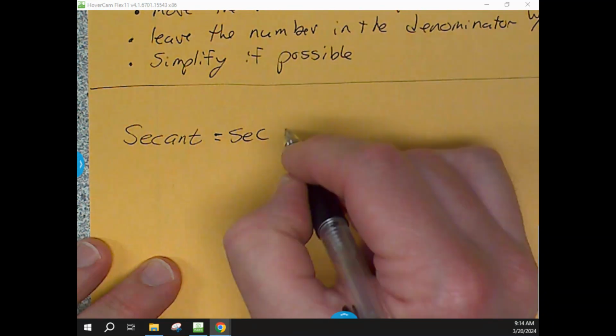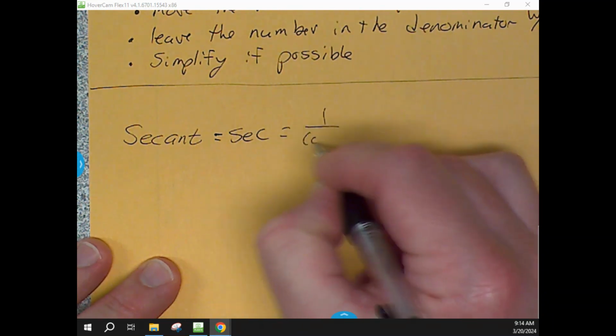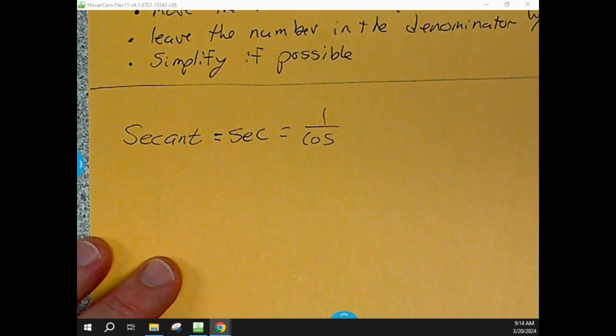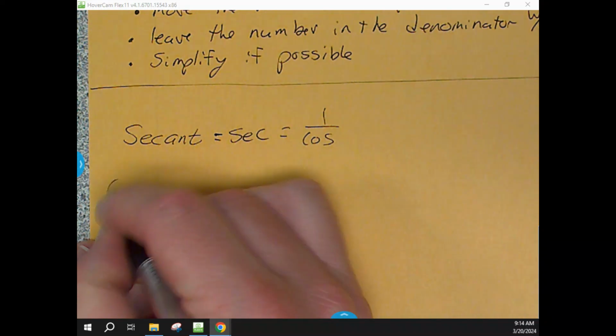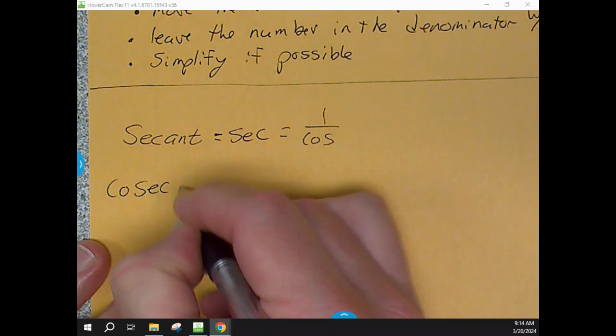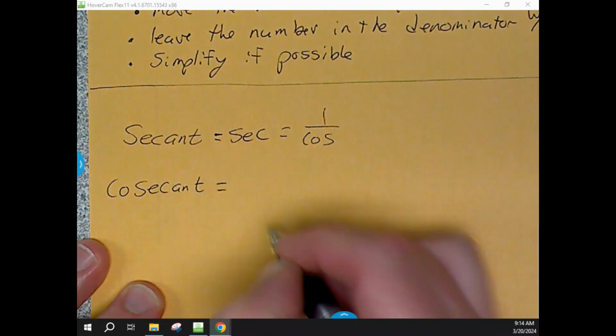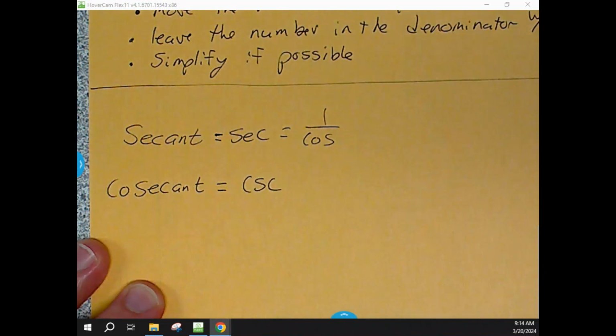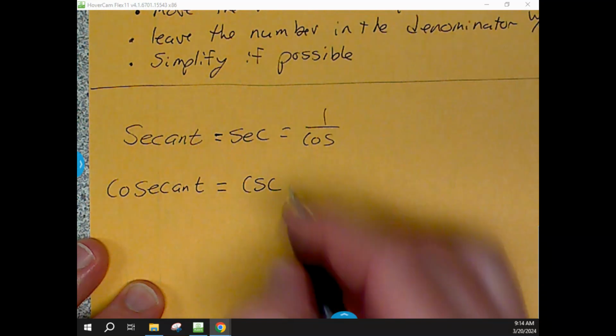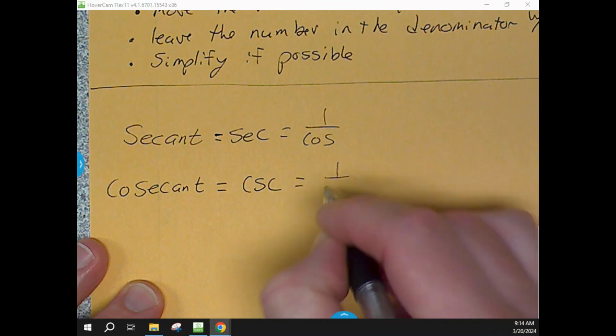And secant is 1 over cosine. Okay, cosecant. On the front side is the one that's abbreviated CSC. It is 1 over your sine value.